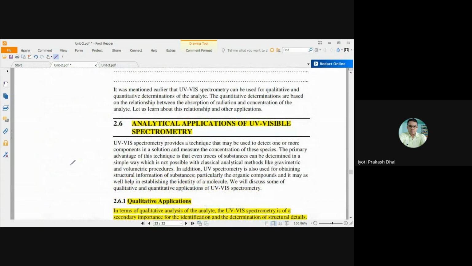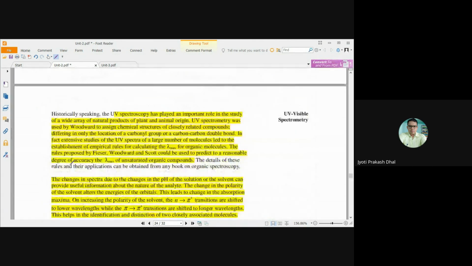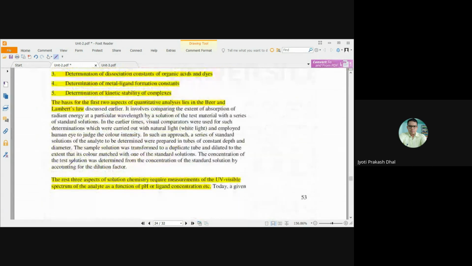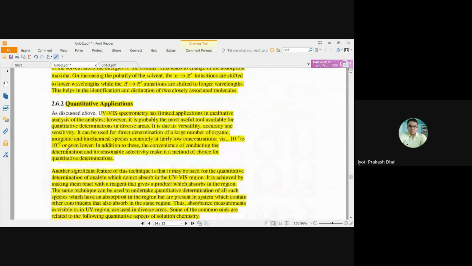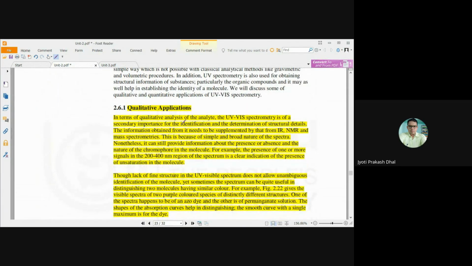Now coming to the analytical applications of UV visible spectrometry. The first one is qualitative application, and the second one is quantitative application. In terms of qualitative analysis of the analyte, UV visible spectrometry is of secondary importance for identification and determination of structural details.